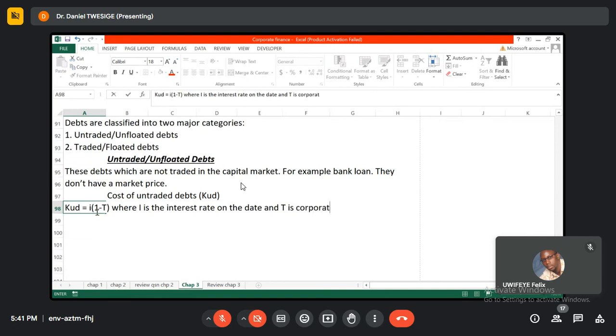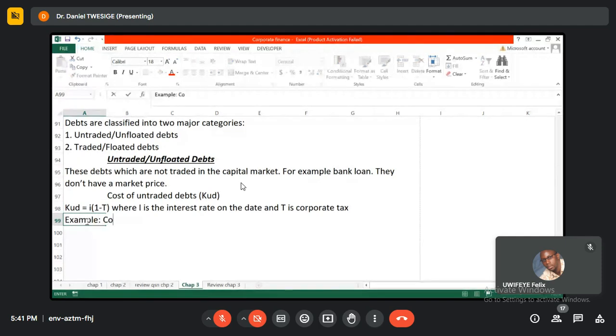Because the reason for subtracting tax is because the interest on the debt is tax allowable. So part of the cost is paid by the government, and the part of the cost is the one you pay in business.